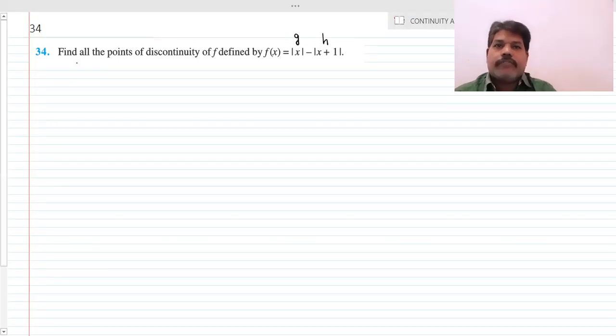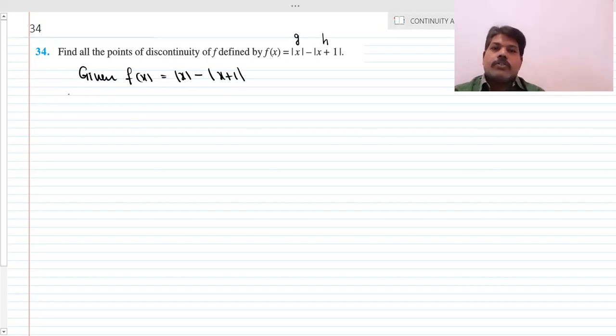How to solve this one: first I will take the given function. Given f of x is equal to mod x minus mod x plus 1. For this, first let g of x be equal to mod x.